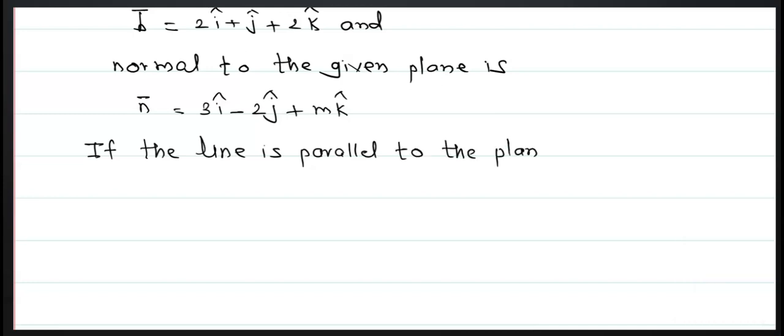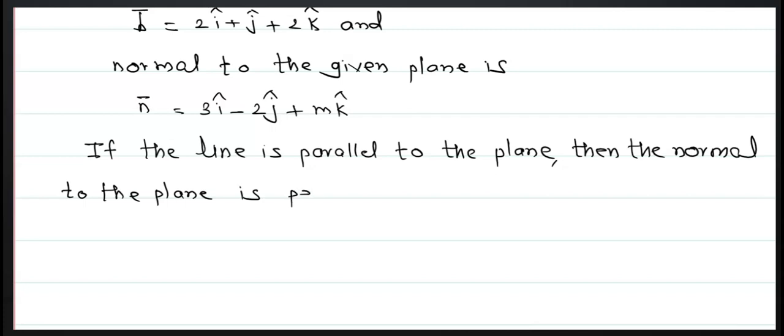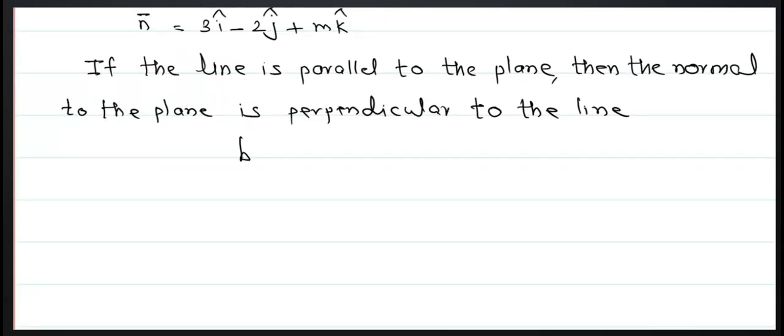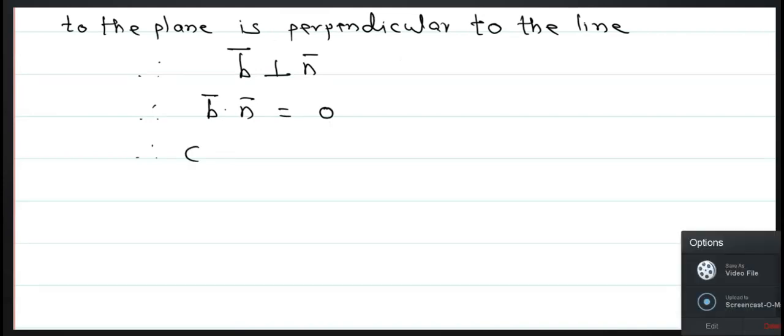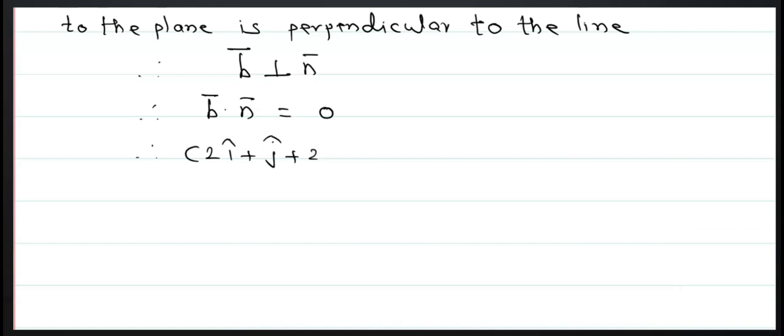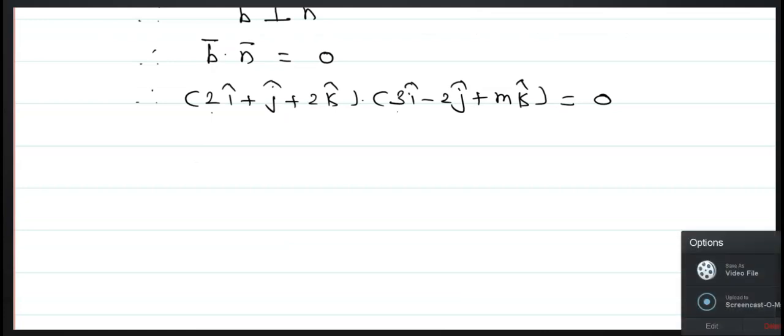If the line is parallel to the plane, then the normal to the plane is perpendicular to the line. That is, b bar is perpendicular to n bar. b bar dot n bar is equal to 0. And if we take their dot product, then we will get the answer.